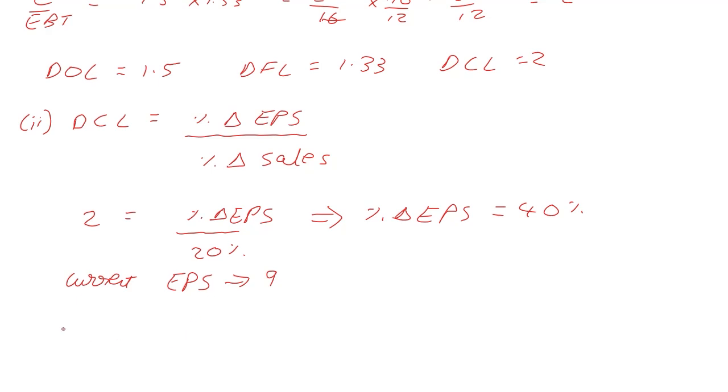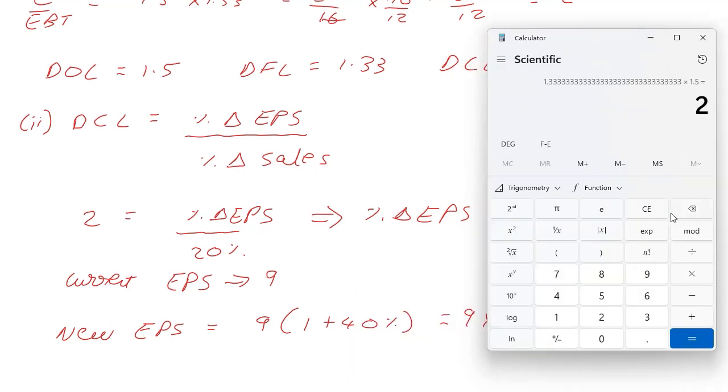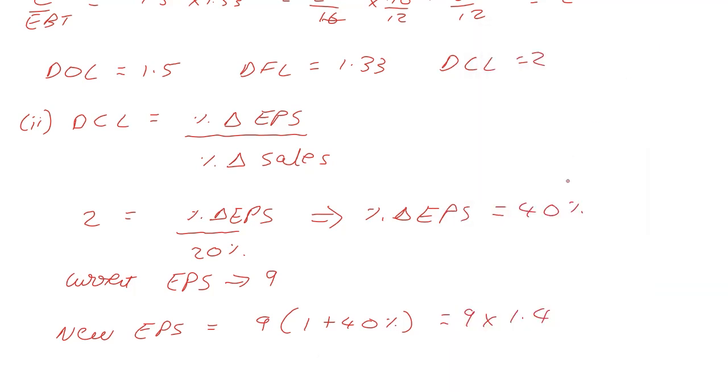The increase is 40%. So new EPS is going to be 9 in bracket 1 plus 40%, which is 9 into 1.4, which I will do on the calculator. That gives me 12.6.